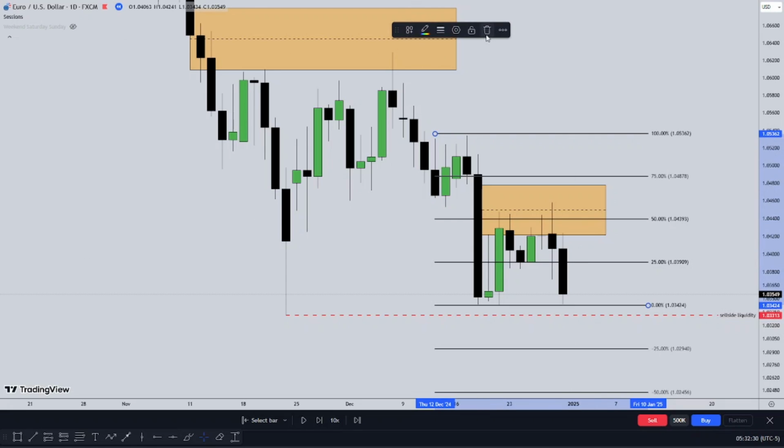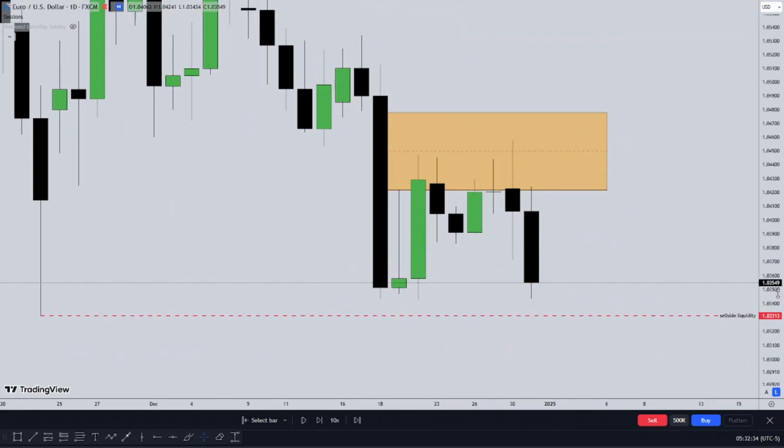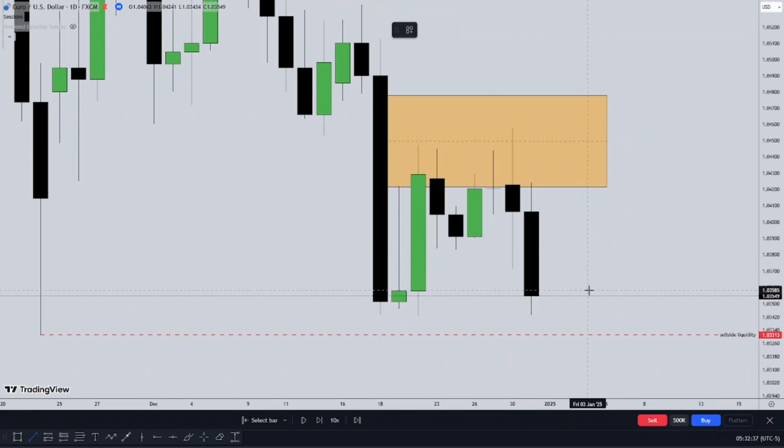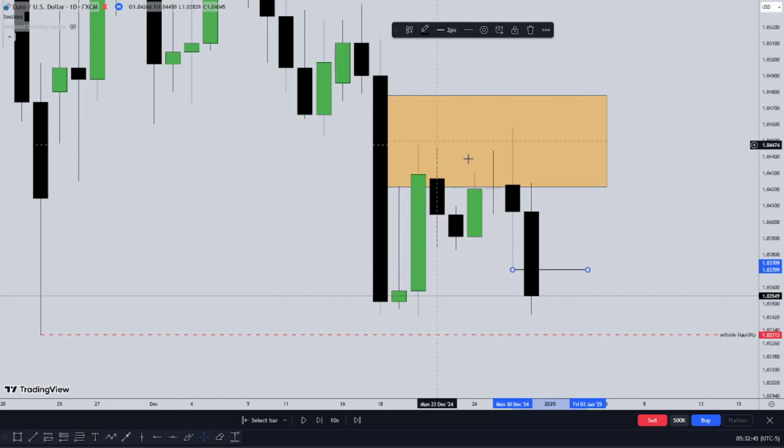So let's take this fib out. Now in this, the previous day low is going to be our first target. We're looking for price to run out this previous day low. If price were to run out this previous day low, where's going to be our next target on the daily time frame?